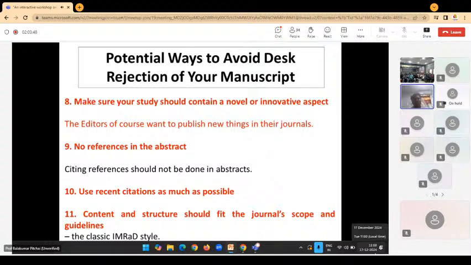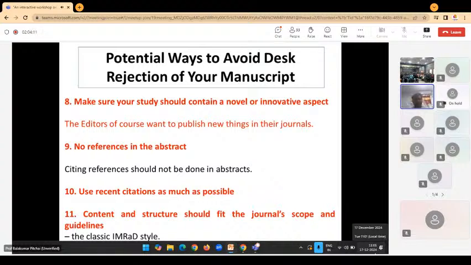Then it progressed to 2.5, then 3.2, then 4, then 5, then 6, then 8. Now our journal has an impact factor of 9.1. Still we want to make it 10, then 15, then 20. So how can this happen? It can happen only by publishing novel work, unique work.